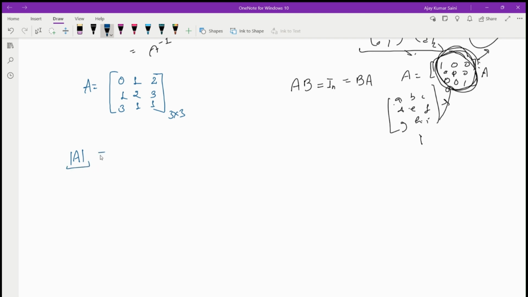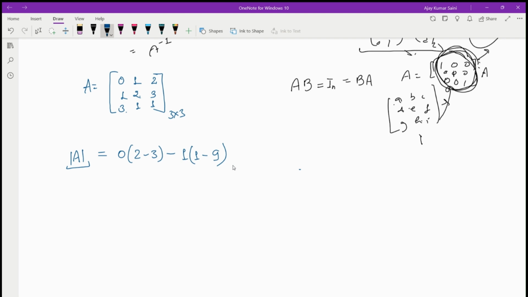So directly, 0 into 2 into 1 is 2, minus 3 into 1 is 3, plus 1 into 1 is 1, minus 3 into 3 is 9. In determinant, the signs go like this: first plus, second minus, then plus again, then minus again.